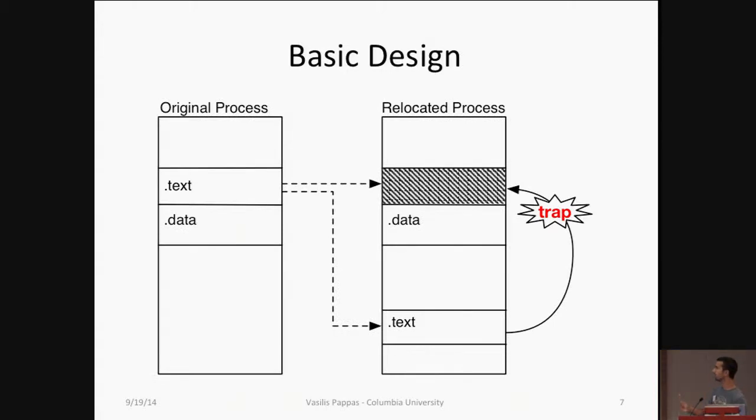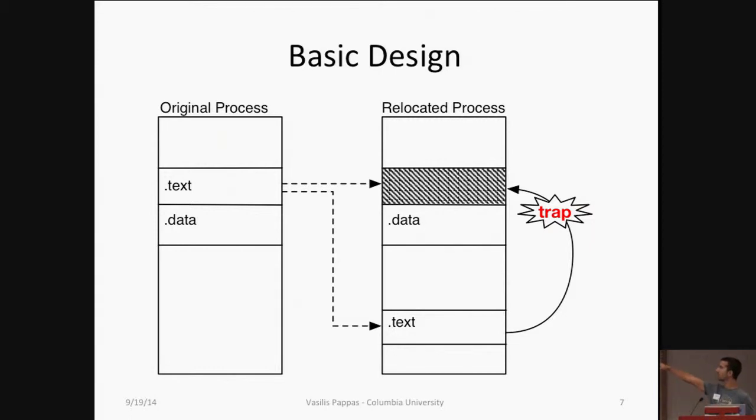So here's the basic design of our approach. Given a program, a binary for which we want to reconstruct the missing relocation information, we load it, but this time we make the original code location, the .text section, inaccessible. So if control is transferred there, or if anybody tries to read something from there, we get a trap.